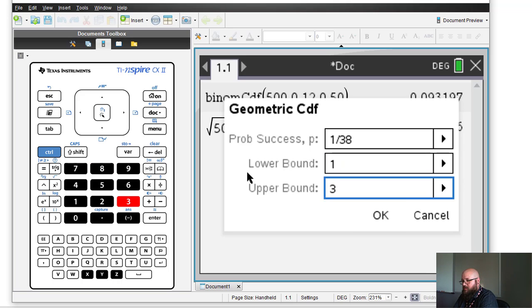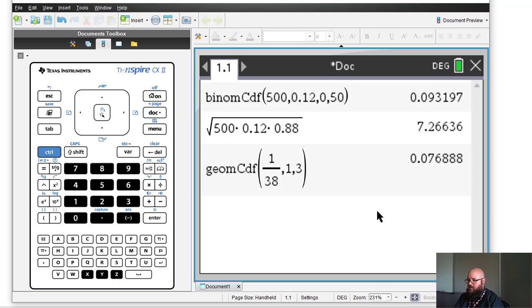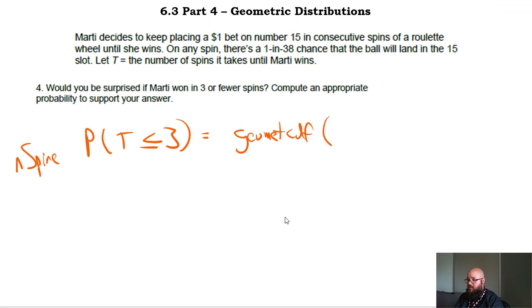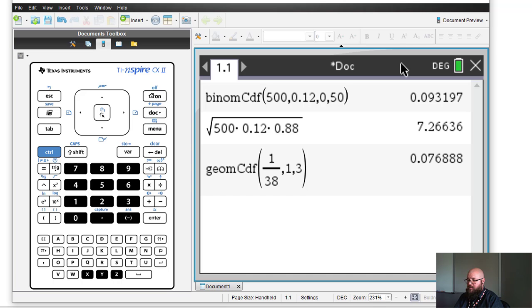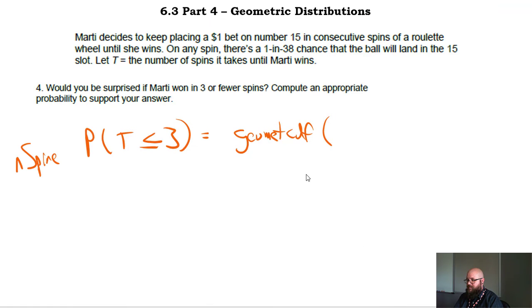And we definitely want to go to 3, because we want 3 or fewer. Click OK. And therefore, we get 0.077. So again, it wanted us to put in the probability, the min, and the max. The probability was 1 out of 38, our min was 1, our max was 3. That came out to 0.077.